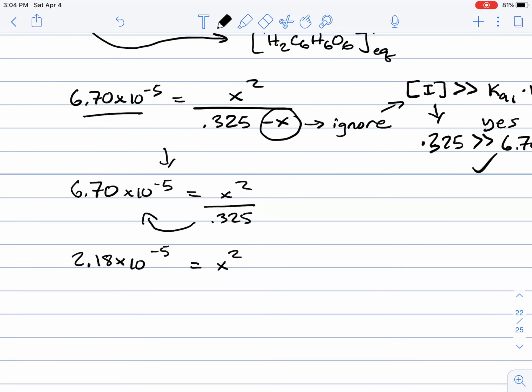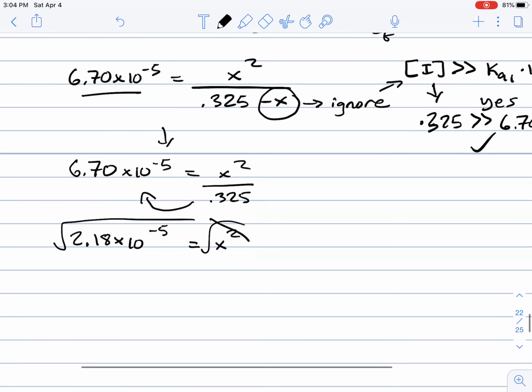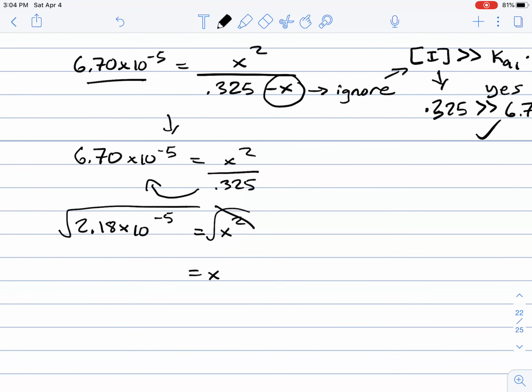And finally, I'm going to go ahead and take the square root of both sides to cancel out the square. And the final value for x is going to be 4.67 times 10 to the negative 3. Okay.